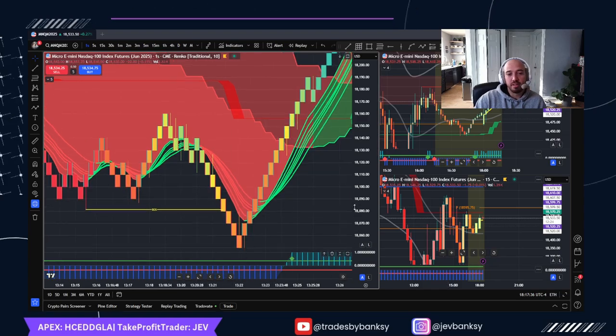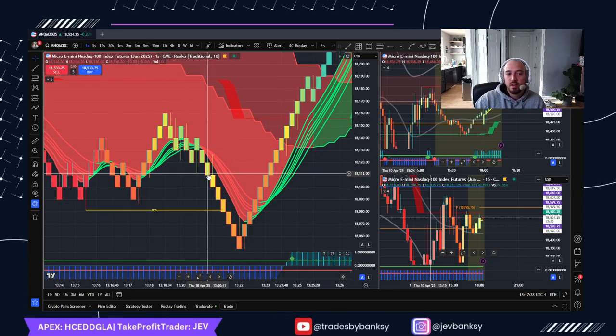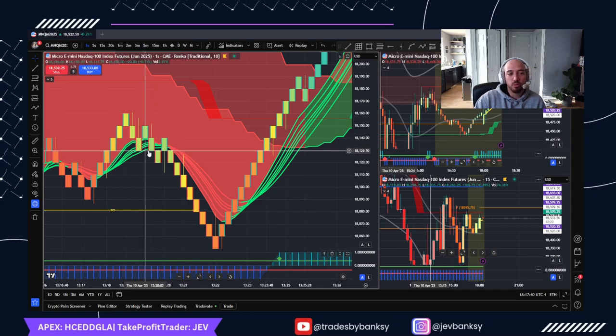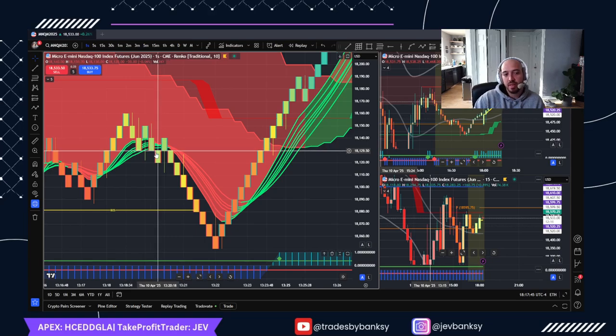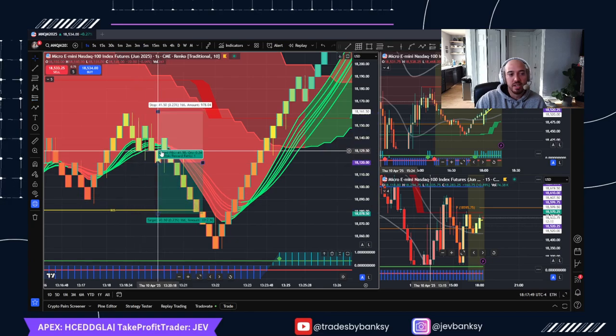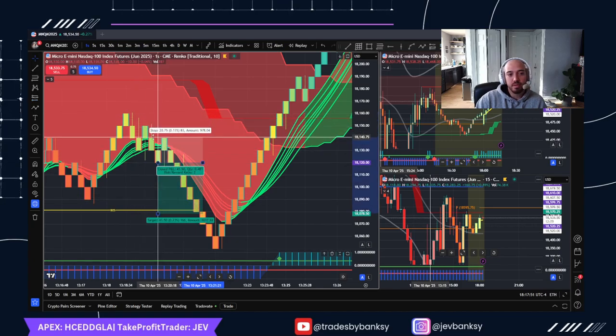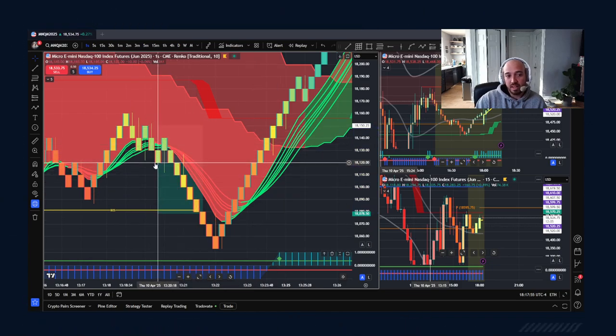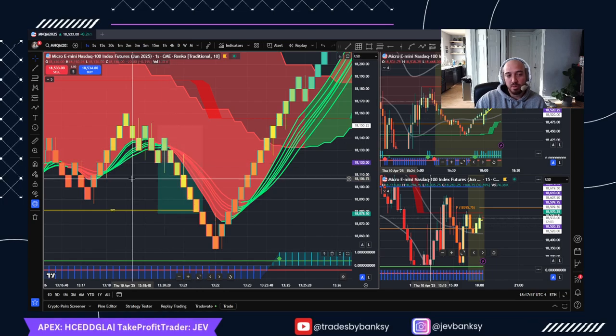Or even let's say, right, because obviously not every time is going to be perfect, right? Even here, let's say you were counting this as the first closure back below the Q cloud to then essentially have this be your entry, right? If you have a 2-box stop, we're getting stopped out here. But if we have the 3-box stop, right, that gives us a little bit of extra room. We then print another box.